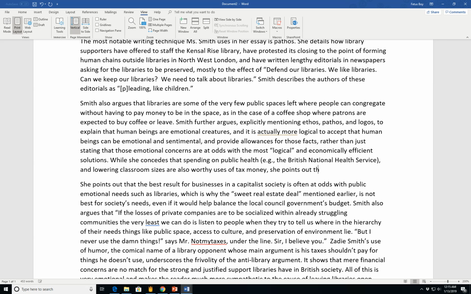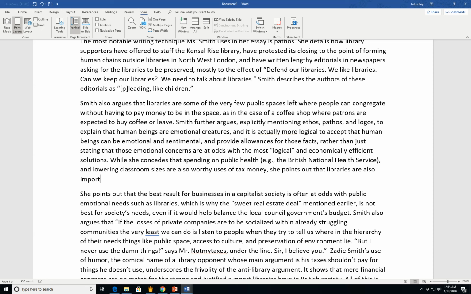She points out that libraries are also important, even though they meet intangible needs rather than concrete ones, for example, more hospital beds.